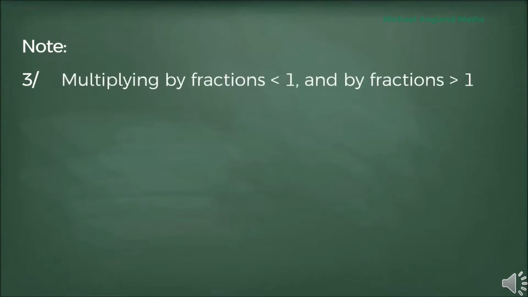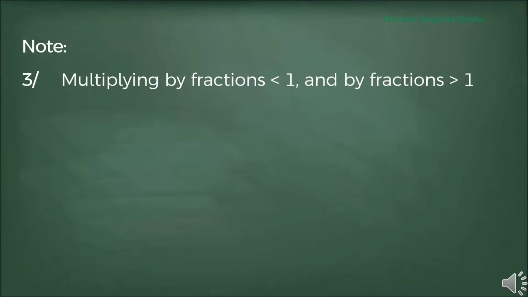The last of 3 points I want to make is that when you multiply, if one of the fractions you are multiplying by is less than 1, then that will reduce the size of the other fraction. So your answer will be reduced in scale. So for example, if we consider the first fraction as the scaling multiplier, if it is less than 1, then the second fraction will be reduced.